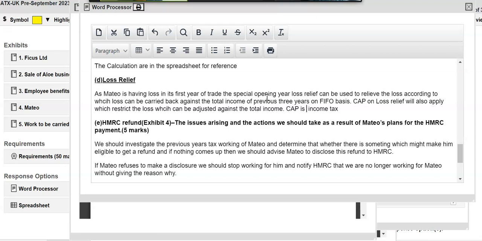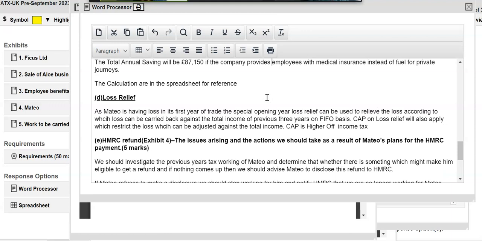The cap is the higher of £50,000 and 25% of total income.